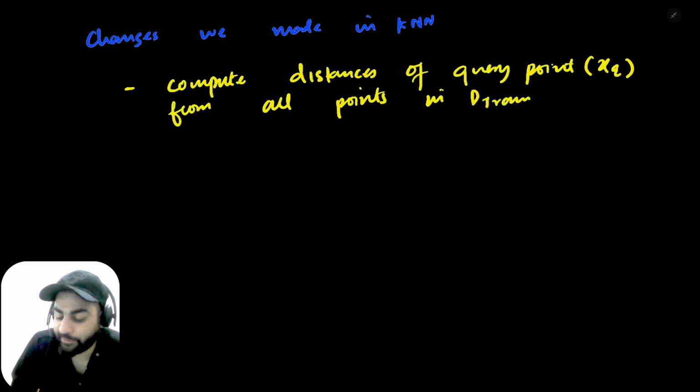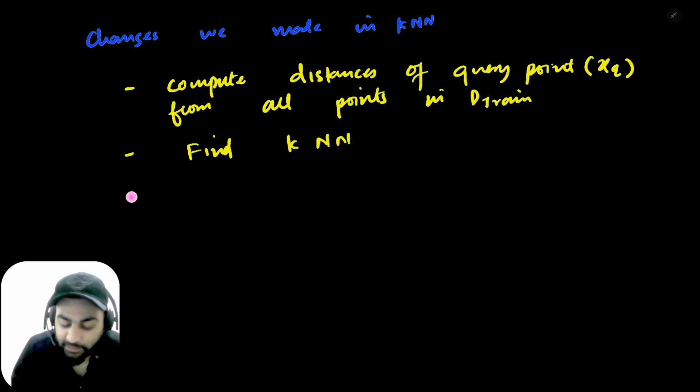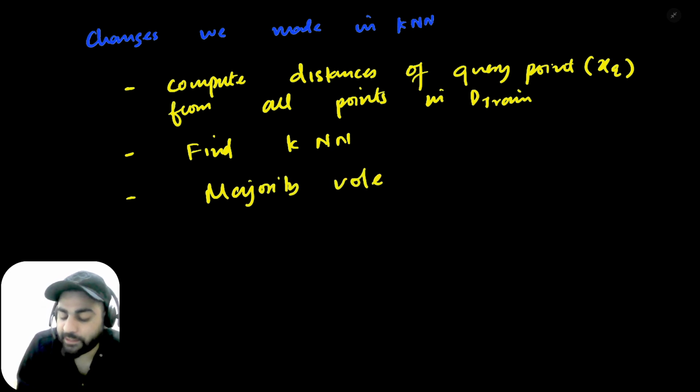This is our first step. What is the second step? Find the k nearest neighbors, which you know how to find. The third step was to do the majority vote. These were our 3 major steps.